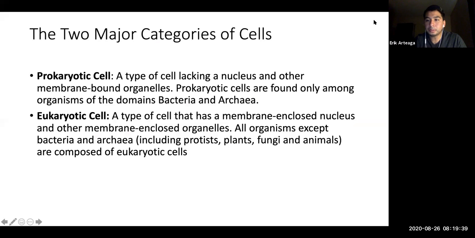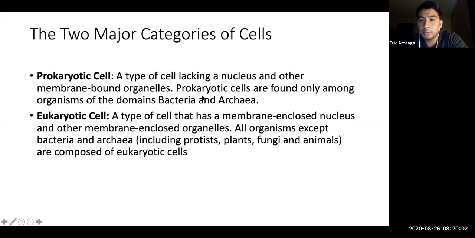All right. So the two major categories of cells, I've been kind of throwing those terms out earlier, right? Prokaryotes and eukaryotes. So a prokaryote is a type of cell lacking a nucleus and other membrane-bound organelles. Prokaryotic cells are found only among organisms of the domains bacteria and archaea.